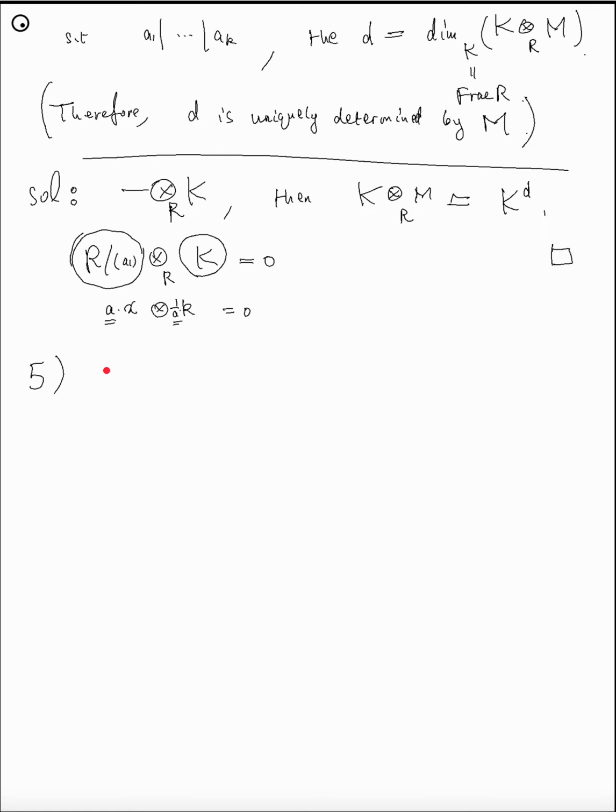Secondly, it looks related to what we discussed before. It's better to distinguish this. Let's first write it down. Let M prime be R modules.